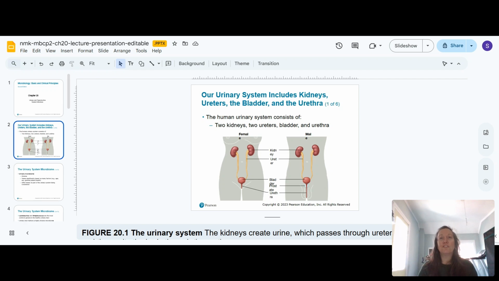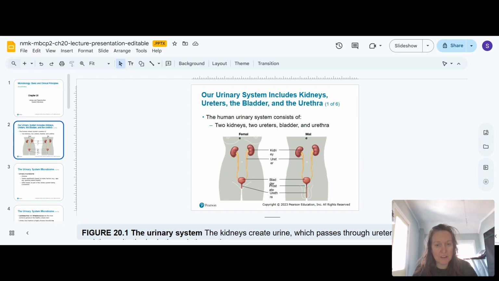Each kidney drains into a ureter, and that leads to the bladder, the storage unit for the urine, and then the urethra. The urethra brings the urine to the outside of the body.